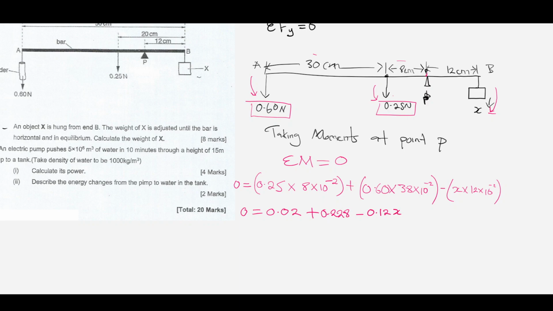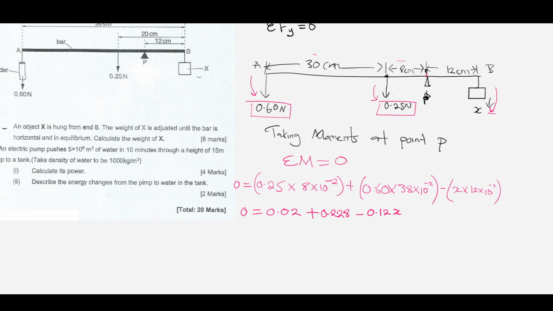0.12x. Okay, so we solve for x, so we have to take x that side, so that we are going to take 0.12x that side, so that we have positive x.